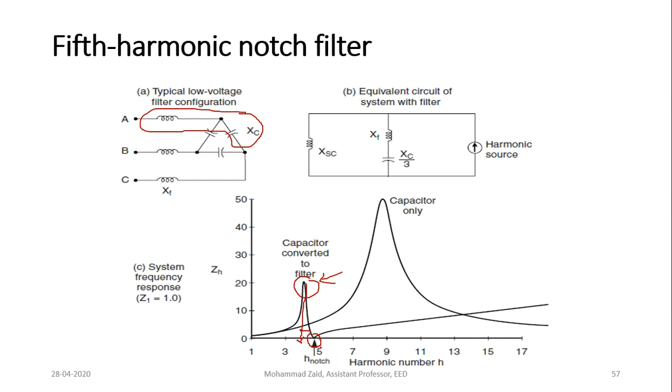Whenever this frequency comes, the filter should be at this point which I have circled, very close to 5. It should not shift here, otherwise the magnitude of impedance is very high at this point, and it depicts the parallel resonance property. So it should be very close to 5 but not exactly 5.